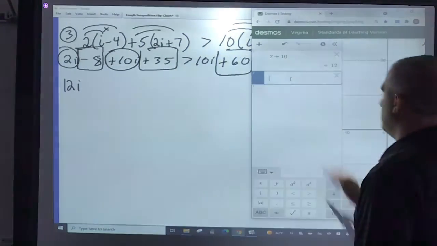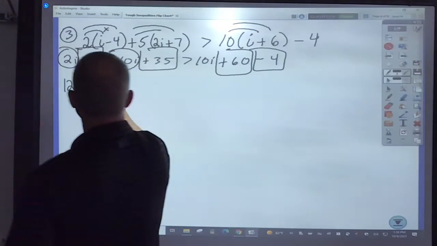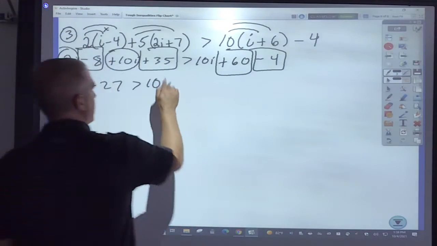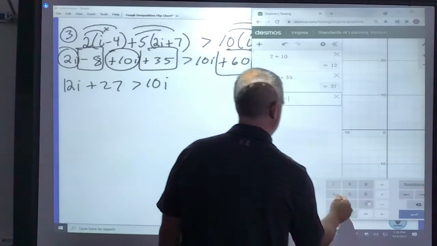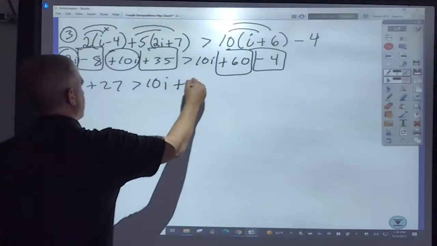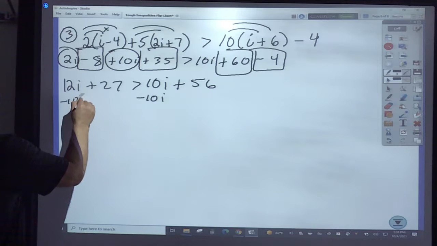Negative 8 plus 35 is positive 27. I got 10i over here. I got positive 60 minus 4. That's positive 56. Now I'm down to separate and attached after I move the variable.